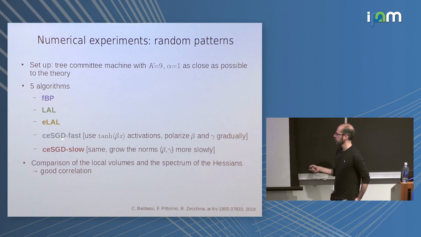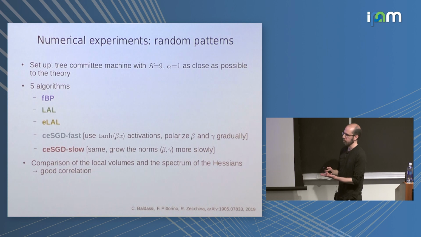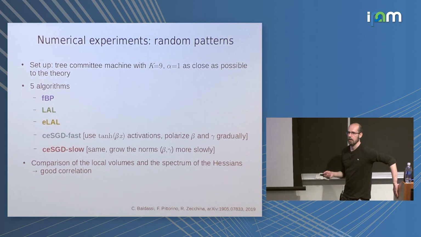Now, these 2 algorithms, the stochastic gradient descent ones, require a differentiable network. And since we are using step activations, that's not our case. So what we did was to use activations in this network which are tanh of beta x. And again, you can interpret x as a pre-activation and beta as the norm of the network. In the limit in which beta gets large, the transfer function will effectively become a step function, so it will get back to the previous situation.